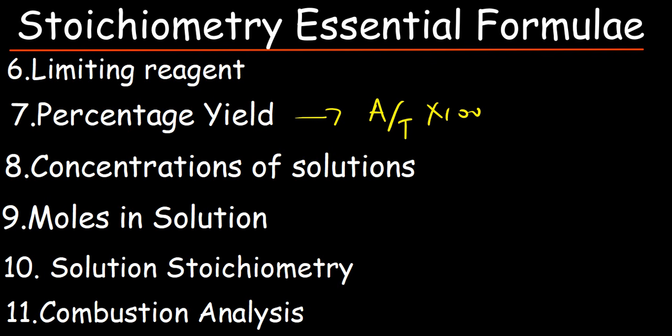Then we talked about concentrations of solutions. Here we said the concentration, you find it by the moles divided by the volume. The unit for concentration is moles per liter.